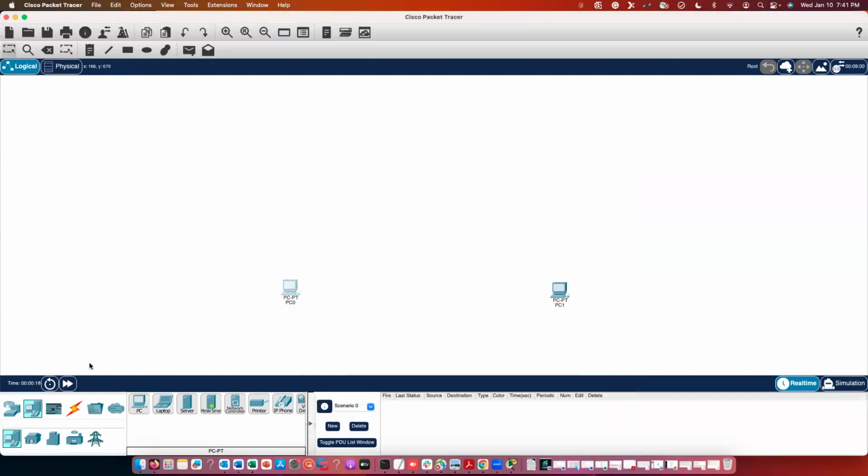Okay, PC1 is there. Let's connect both of them to a switch. I'll take a switch. RPC without a switch.